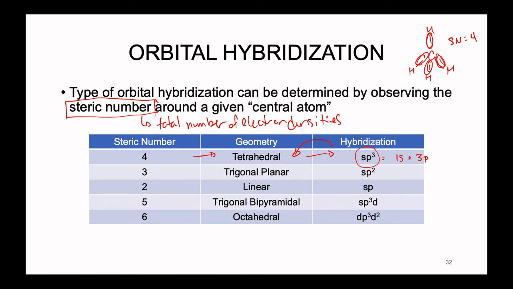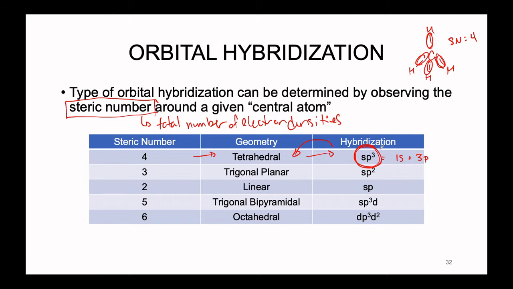There's 1 s and 3 p's that came together to make this new hybridized shape. So in the event that our central steric number is 4, and we would expect to see an electron domain or an electron pair geometry of tetrahedral in the molecule, that means that we must have sp3 hybridization to make that happen. Now, the rest of these orbital hybridizations, we're just going to break down.